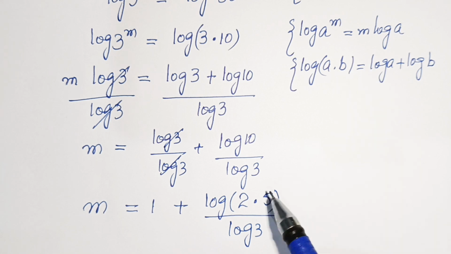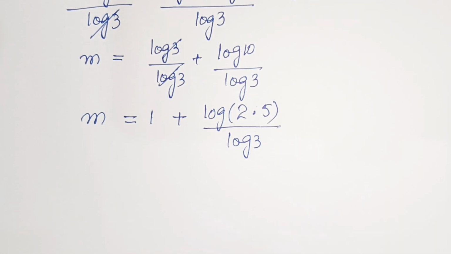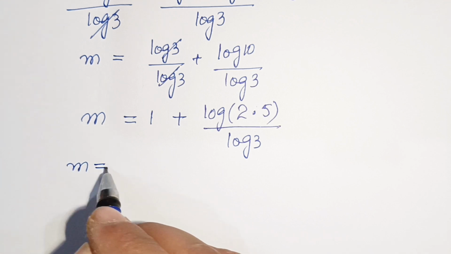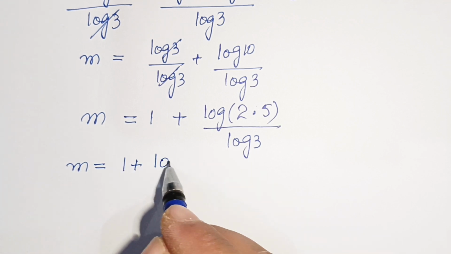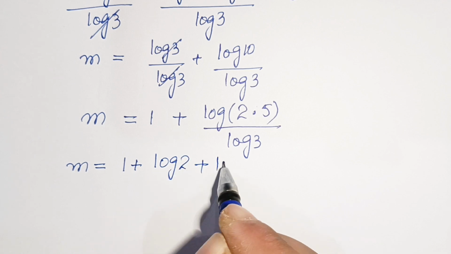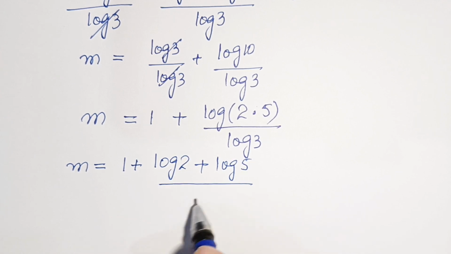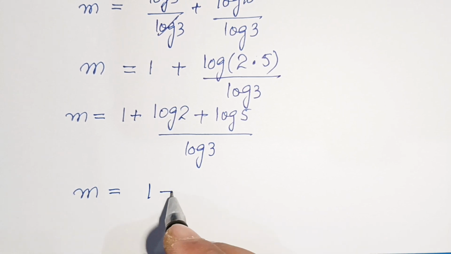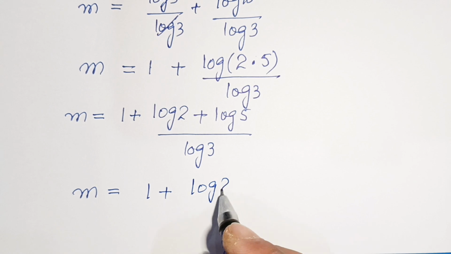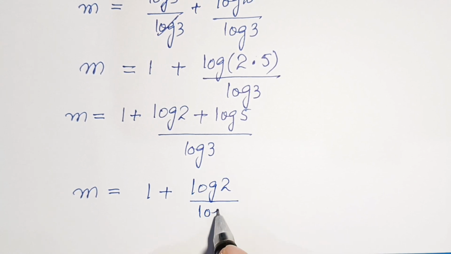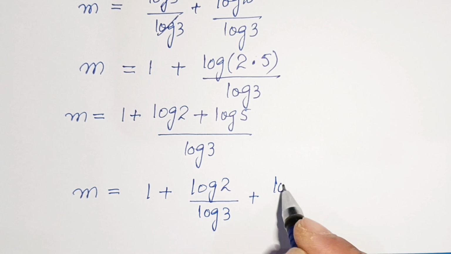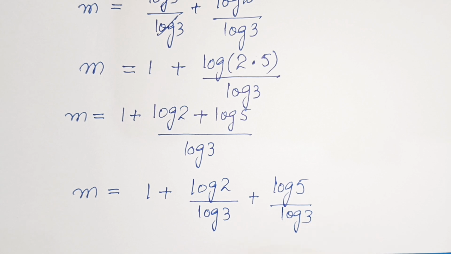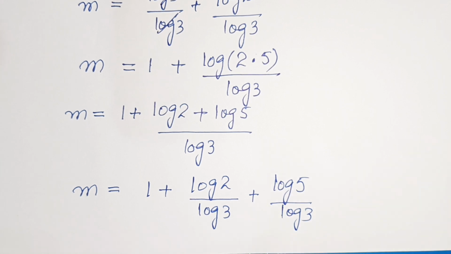Now using again this formula, we get m is equal to 1 plus log 2 plus log 5, all over log 3. Our next step will be m is equal to 1 plus log 2 over log 3 plus log 5 over log 3, separating this denominator.